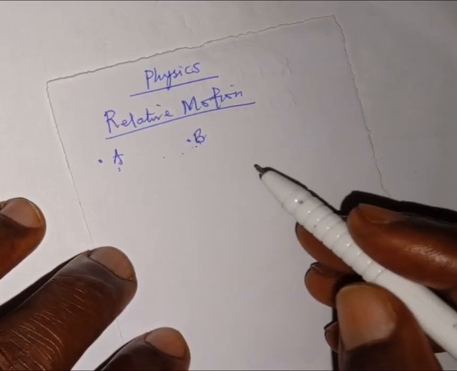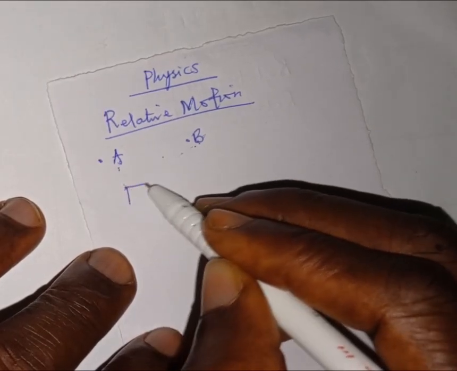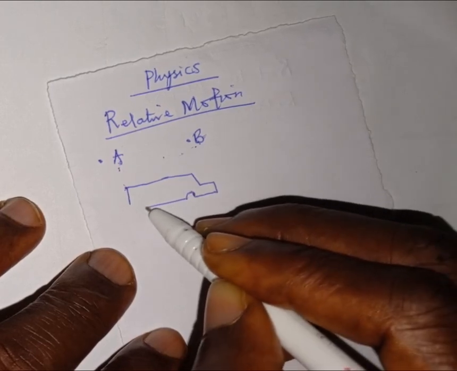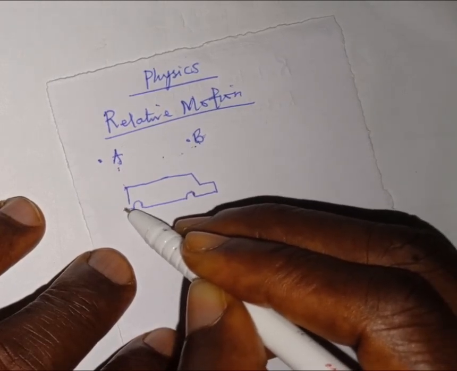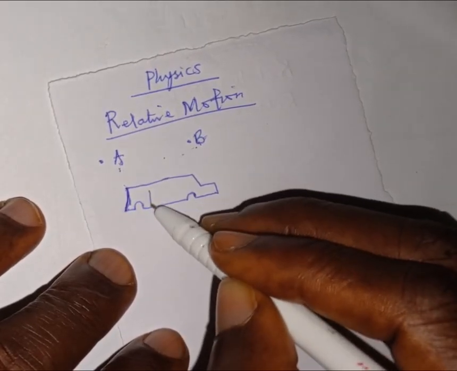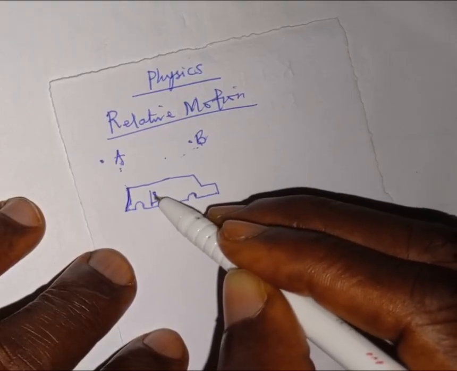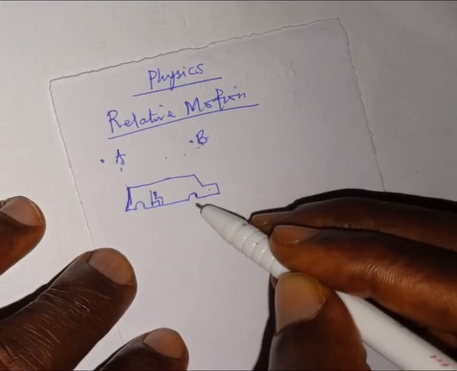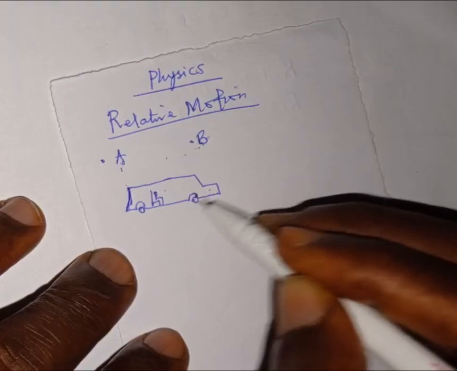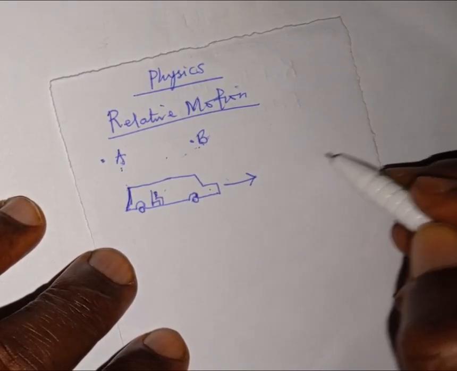Let's take, for instance, a bus that is traveling, and let's assume somebody is sitting in the bus at the back, and at the back he moves. Let's assume that the bus is traveling this way towards point C.